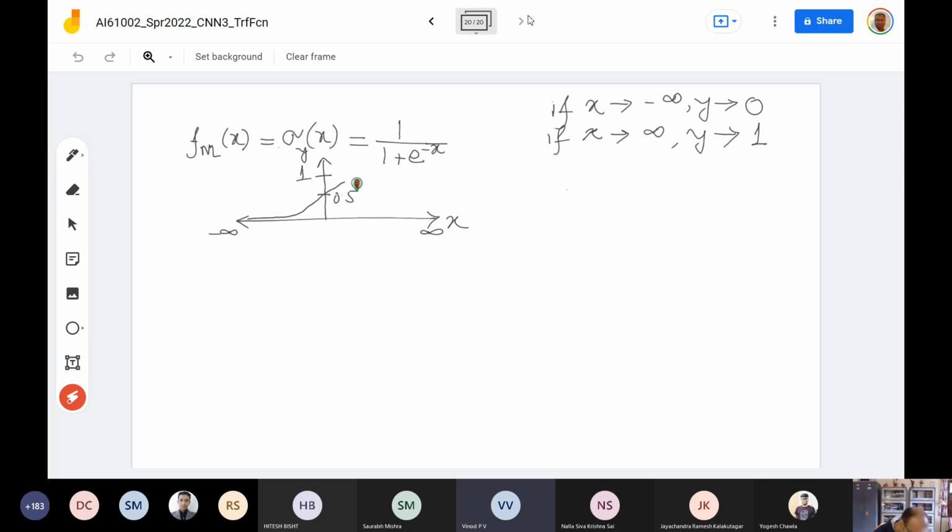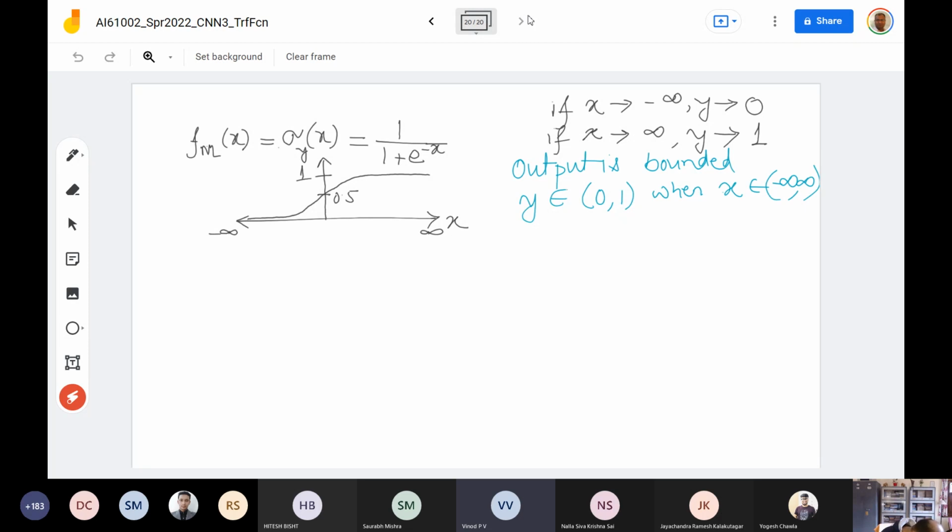In fact, if your x is 0, then e power of minus 0 is e power of 0, which is equal to 1. So 1 divided by 1 plus 1 is half, which is equal to 0.5. So this is what you will get. Now definitely you see over here that your output is bounded: y belongs to the open interval (0, 1) when x belongs to the open interval (minus infinity, plus infinity).